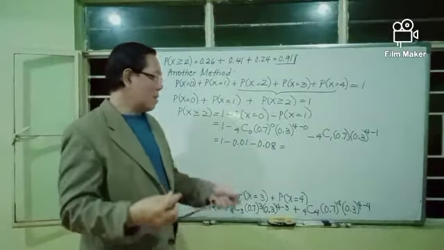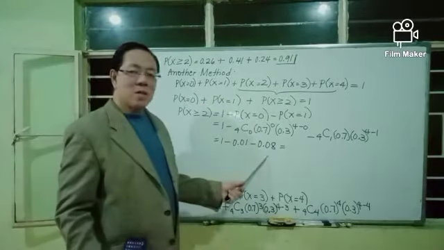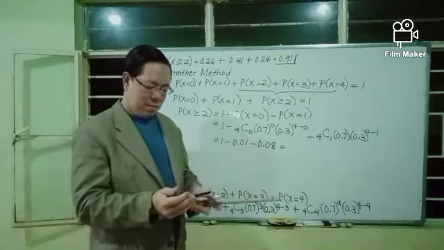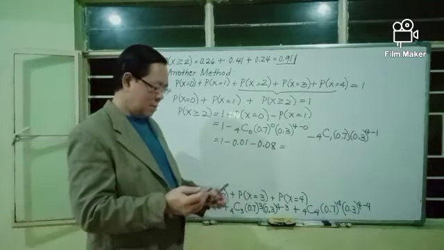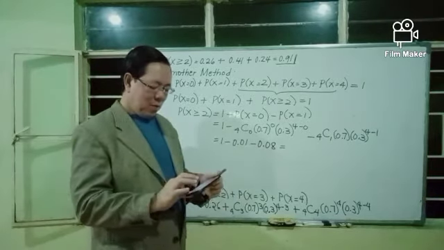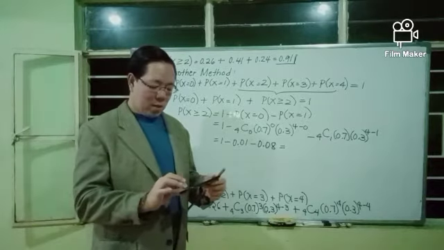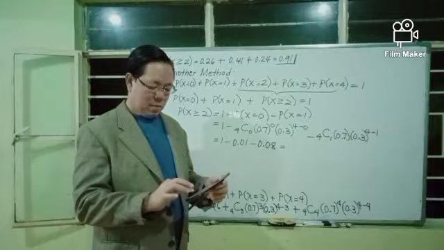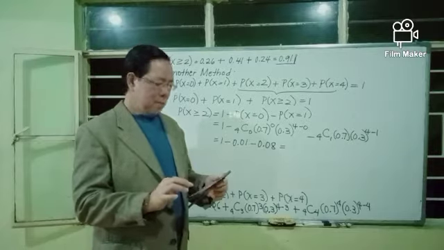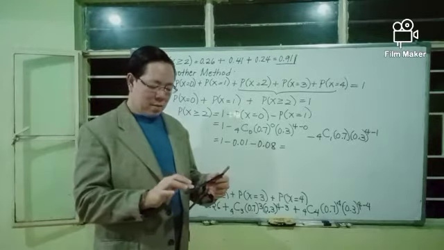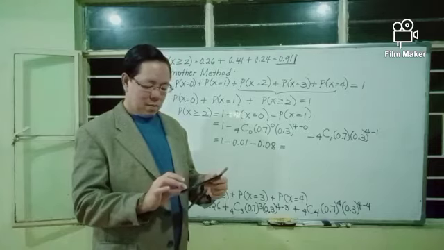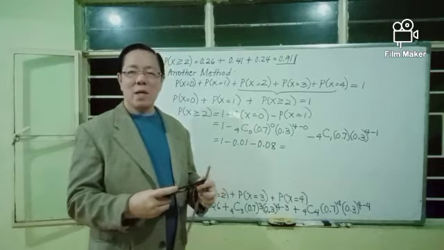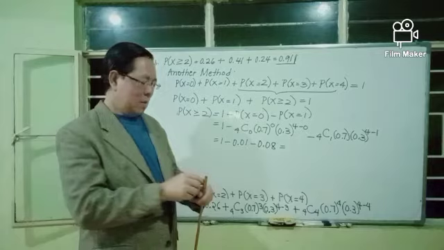And we subtract 0.01 and 0.08 from 1. We have 1 minus 0.01 minus 0.08, and we get 0.91.